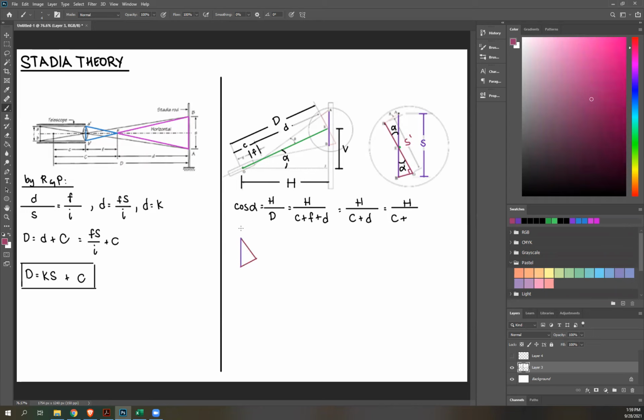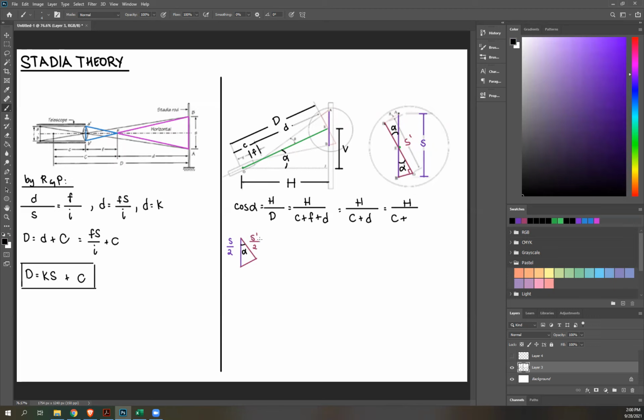Once again, this part is just this. And again, this entire thing is S prime, so this portion is S prime over 2. Next, this violet one is half of this total height, so that's S over 2. And then this is alpha.